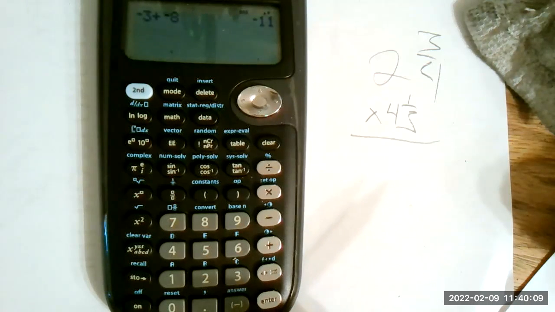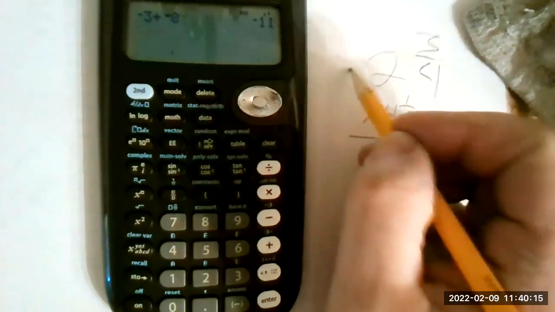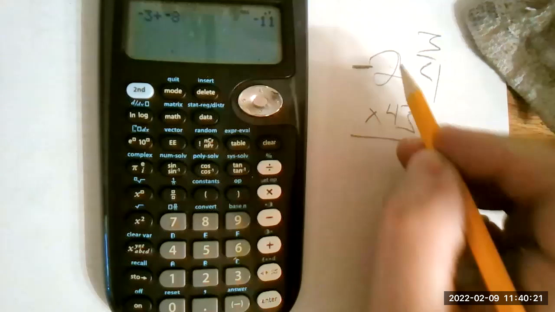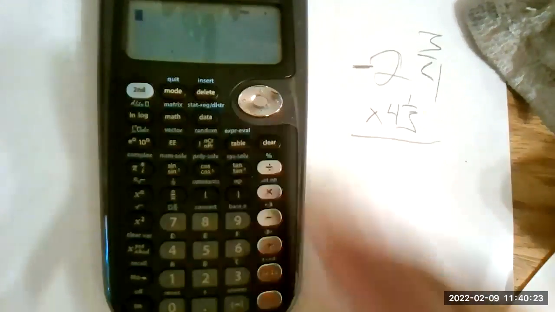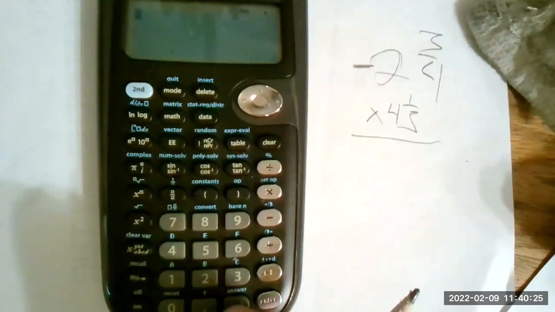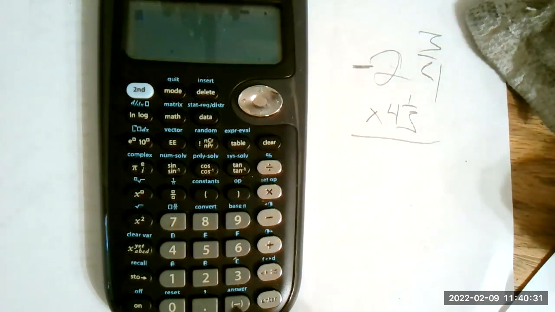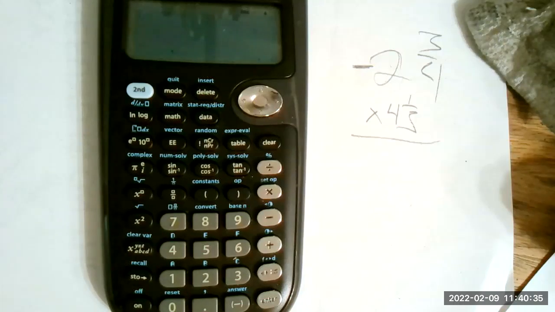So how would you do it as a negative fraction? What if we want to go -2 3/4? Okay, -2 3/4. Clear. So we want negative, so I hit this button down here. Can you guys see it on my keyboard? Now we can.